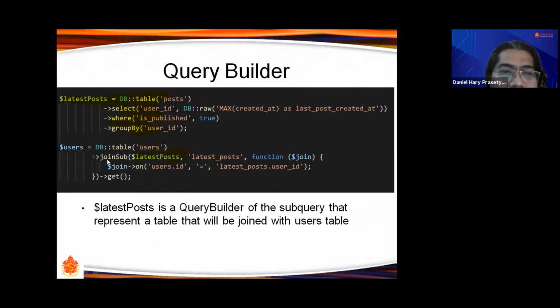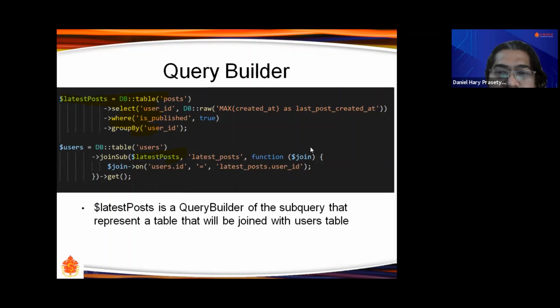And we use the subquery in join with the joinSub function. JoinSub, latest post. It will create the alias in here. The latest post object is in here. The first parameter is the object. The second parameter is the alias name.